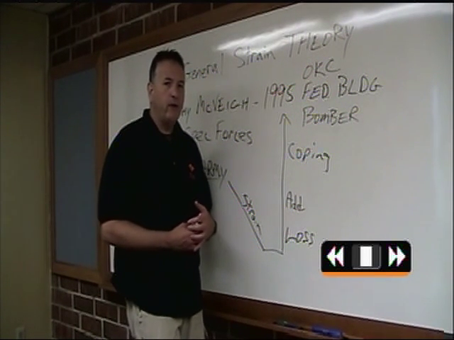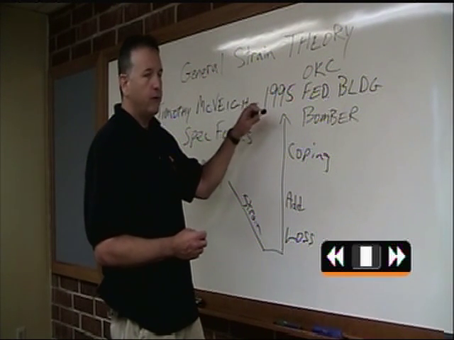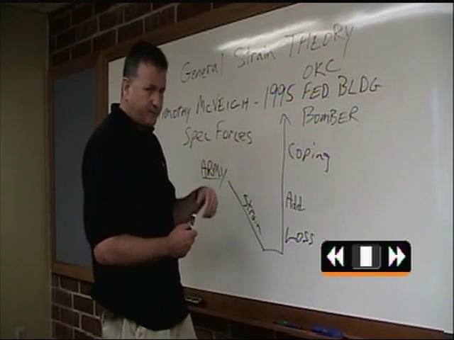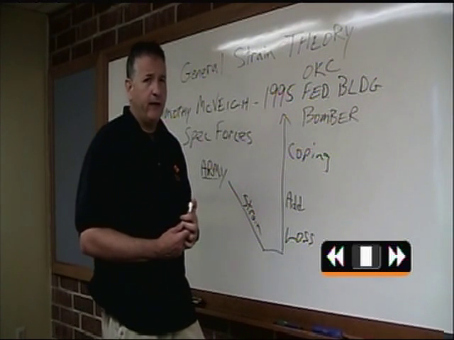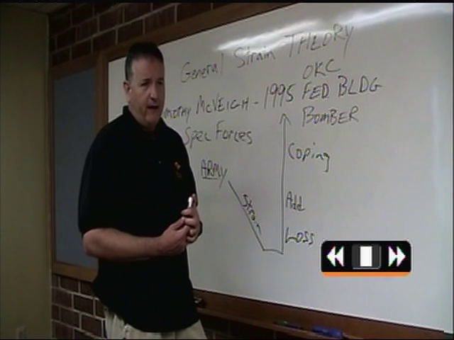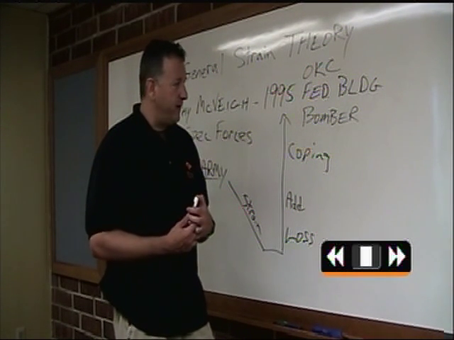Those goals are mostly financial success. In the case of bombing the Murrah Federal Building, the goal was not to destabilize the United States. It was meant mostly as a strike or an anger or retaliation type of motive against the United States.